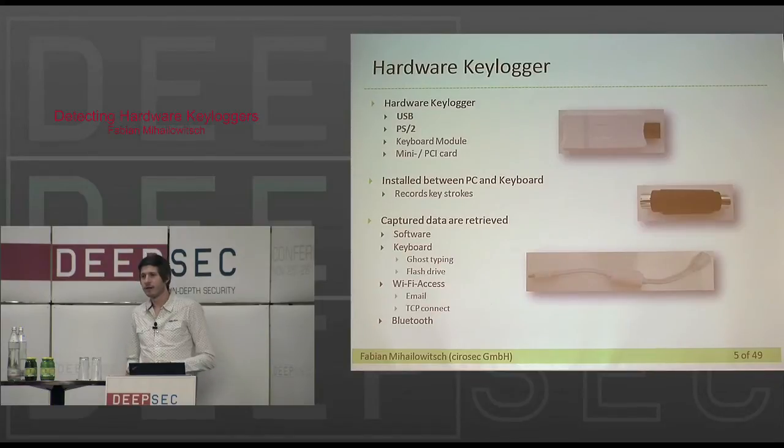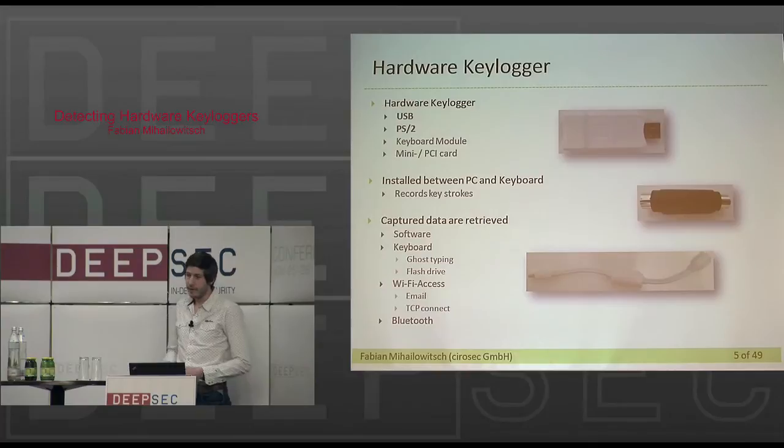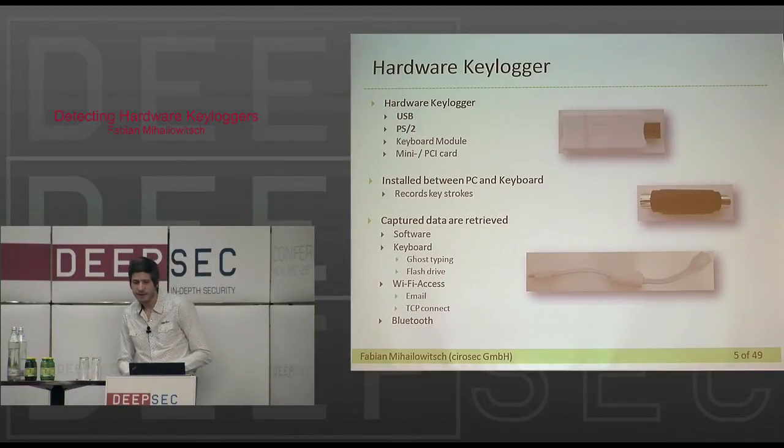For most models, you actually type a password on the keyboard, and the keylogger then acts as a ghost keyboard and starts to send the recorded keystrokes back to the client. Some models have Wi-Fi access and send emails, others send the keystrokes via Bluetooth, so there are plenty of possibilities.